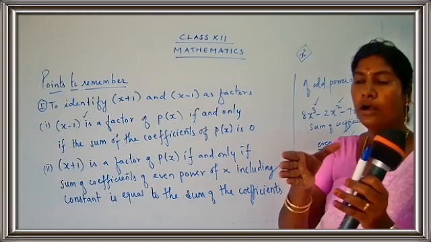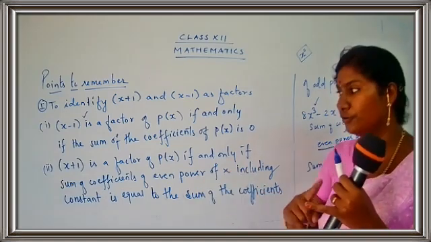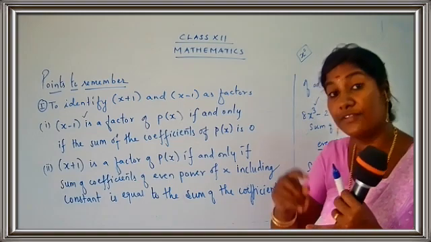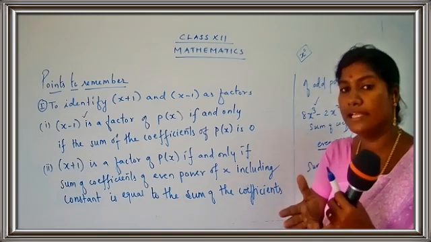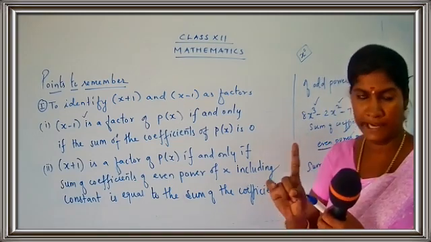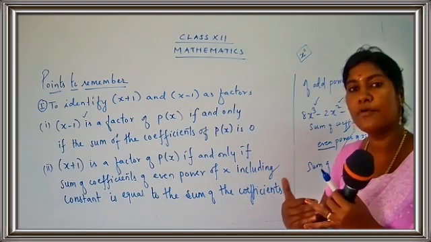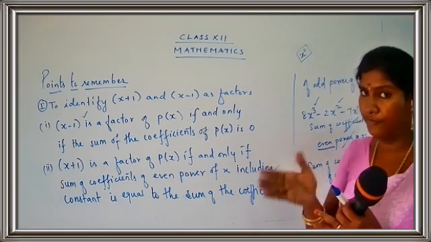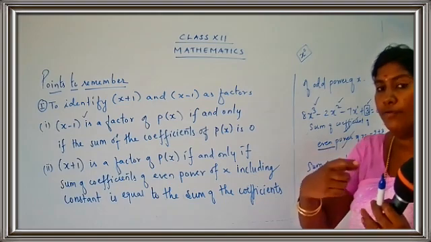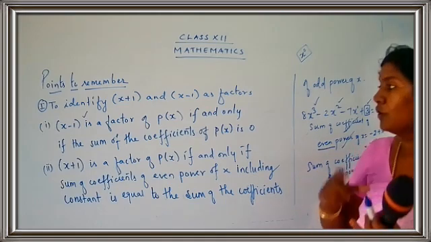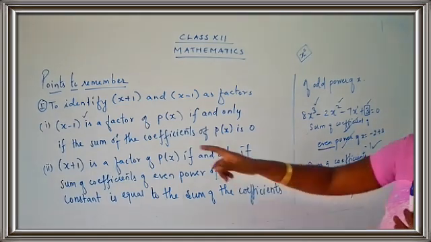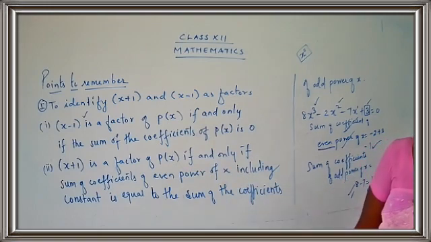You are going to do the sum in two ways. That is, you are going to take the sum of coefficients of the even part of x along with the constant, that is one part. And also you are going to take the sum of coefficients of odd power of x, that is the second part. And if you get these two answers to be the same, you have to say that x plus 1 is a factor. Getting my point, children?